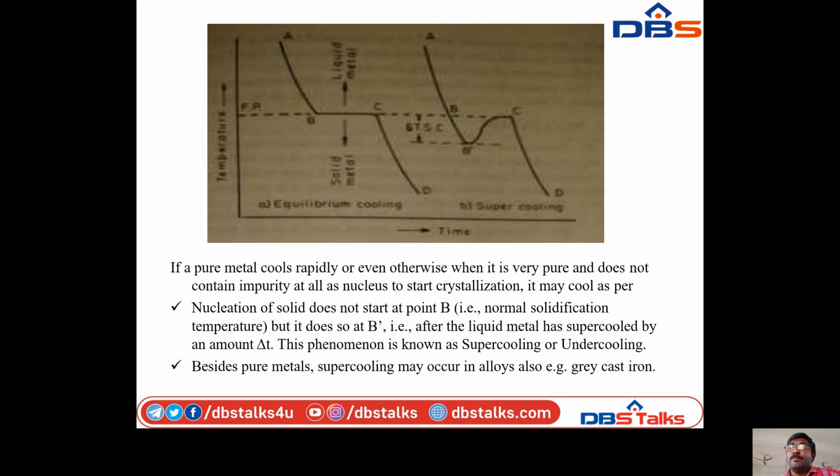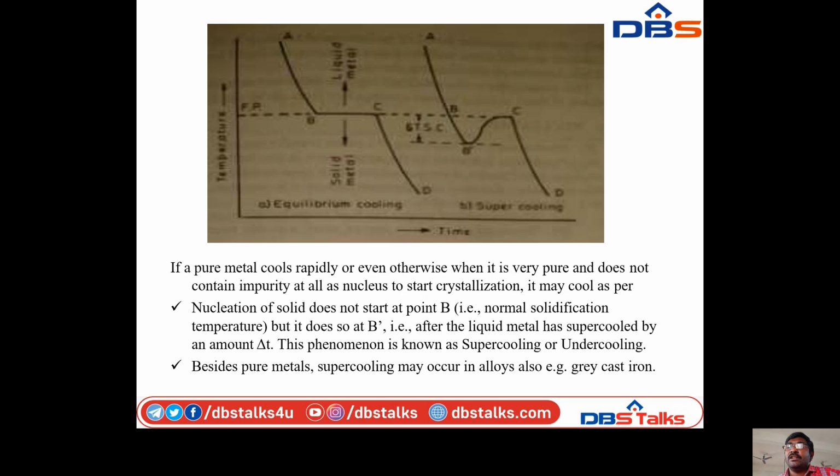If a pure metal cools rapidly, or even otherwise, when it is very pure and does not contain any impurity such as nuclei to start crystallization, it may cool as per this curve.